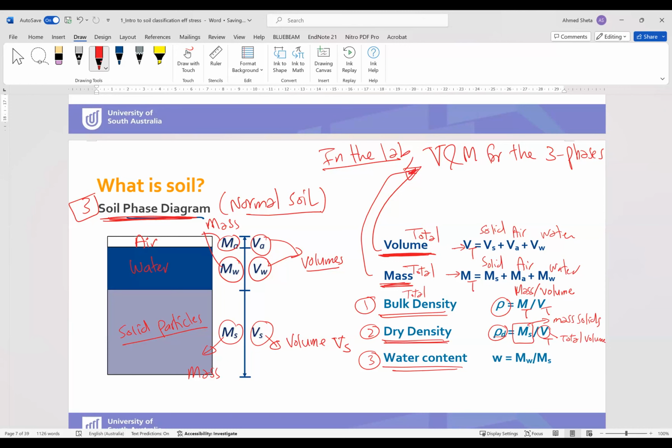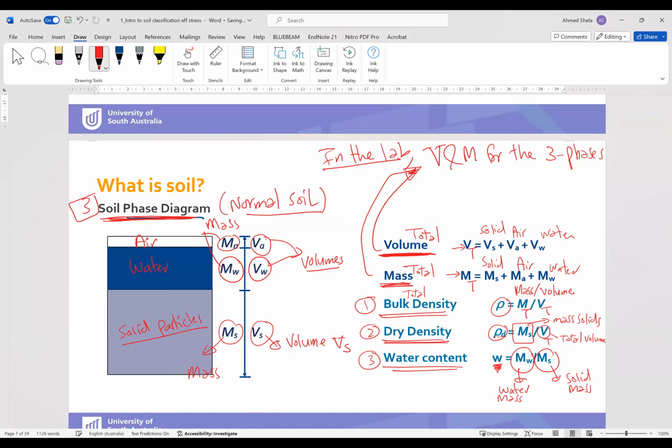We have also another expression called the water content. Can anyone mention what the water content is? The water content is how much water is inside this soil. So to find the water content, which has the symbol W, we divide the mass of water by the mass of solids.